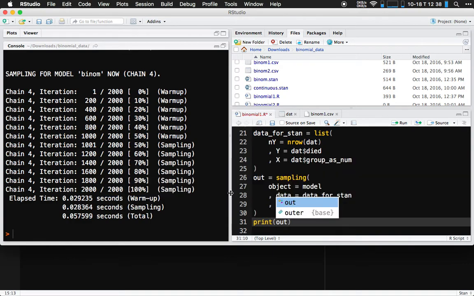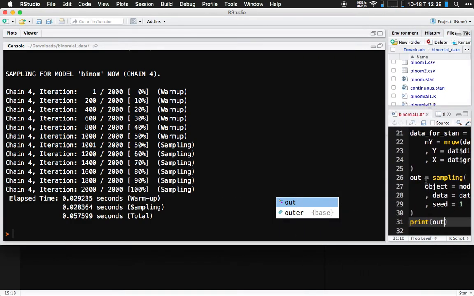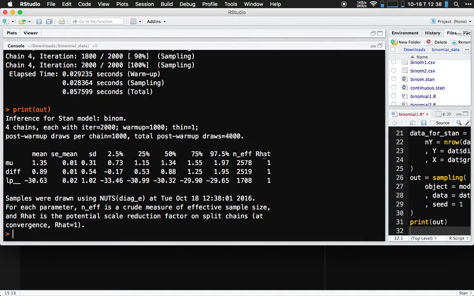Before I do that, I'm going to expand this. So I'm immediately going to look at R hat. It's all 1, and n eff, effective sample size is what this is, and they're all above 1,000. So I can now look at the stuff on the inside. We've got the 2 parameters, diff and mu.